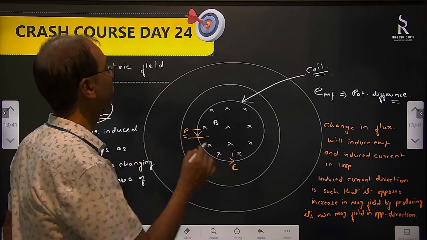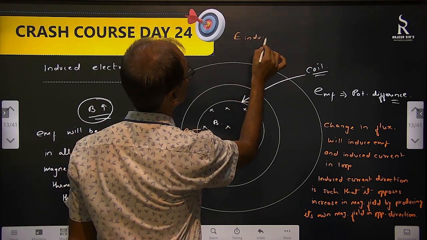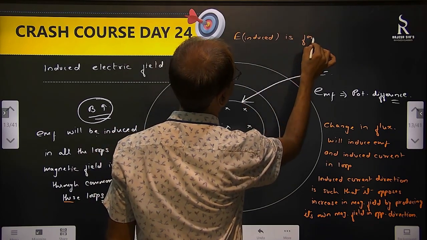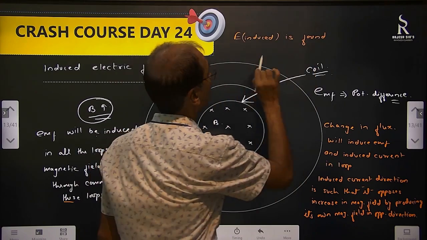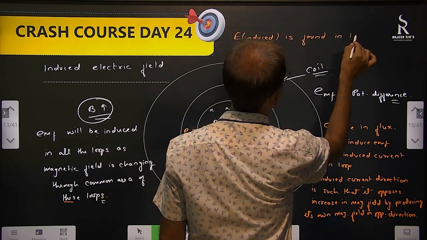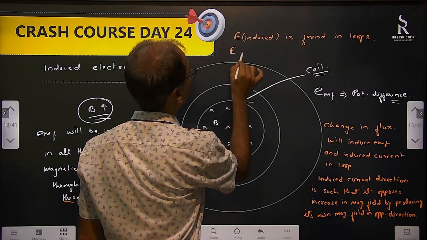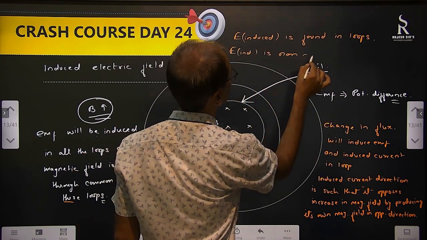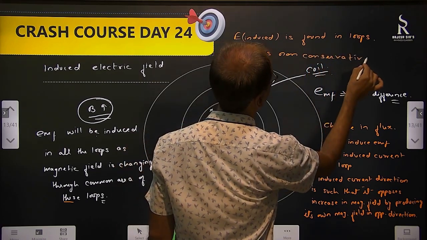So this induced electric field is found in loops, whereas the electrostatic field was not found in loops. Remember that. E induced is non-conservative.